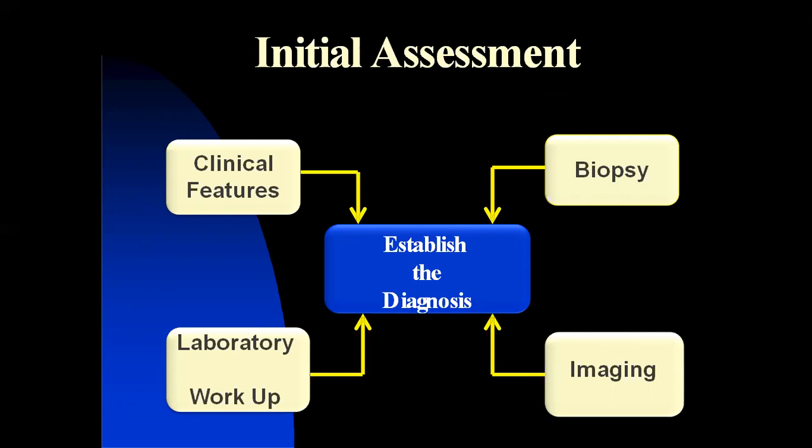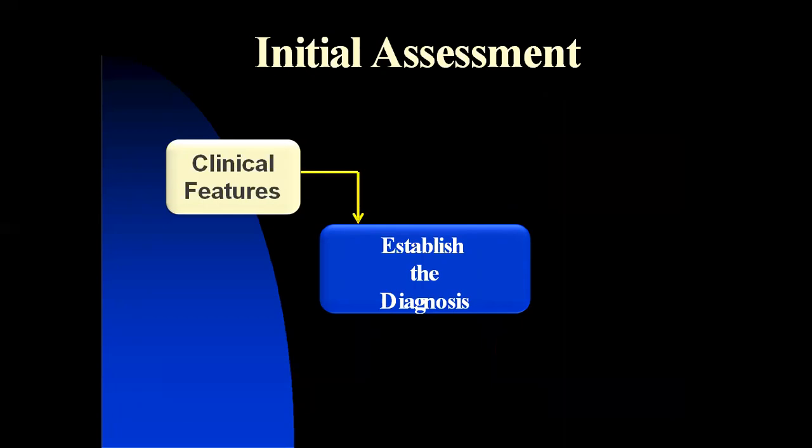And this holds true for all the diseases that we know. This is how we establish that a particular diagnosis is confirmed: we look into the clinical features, the signs and symptoms, we go for various laboratory tests, imaging, biopsies, and then we come to the establishment of the diagnosis.